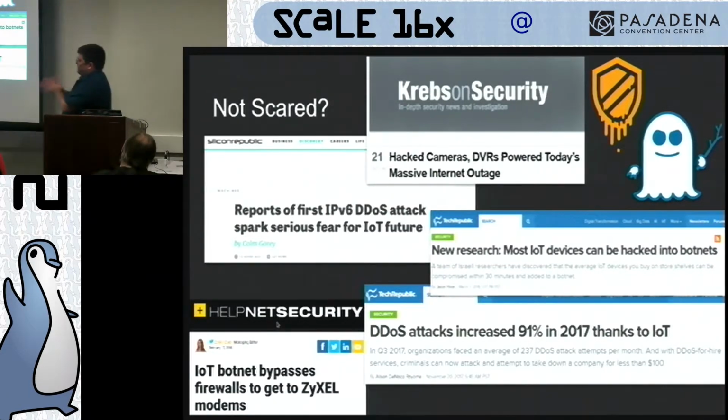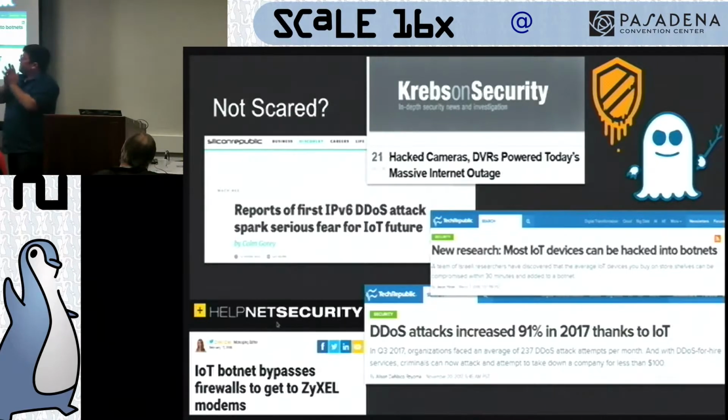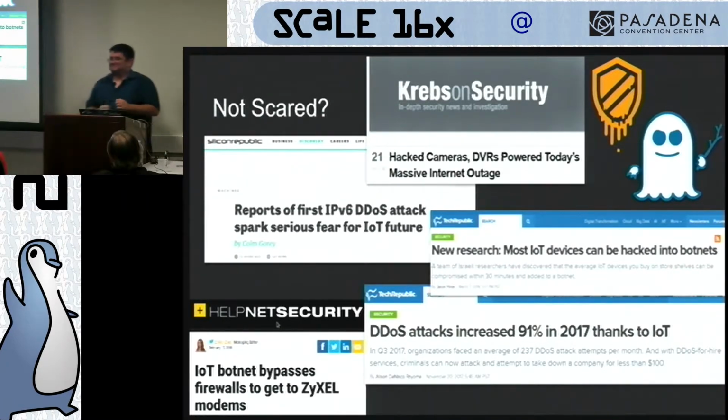So, here are some really neat facts about all these devices that we're cramming into our houses. And these are news articles that I have pulled from within the last year. I decided that anything older than that, like the original Mirai botnet and everything, was just a little too old to care about. The most recent of these was reported yesterday and shows that most IoT devices can be hacked into botnets.